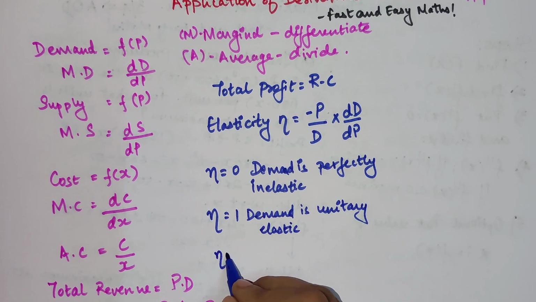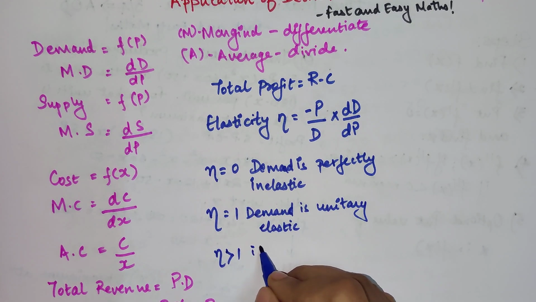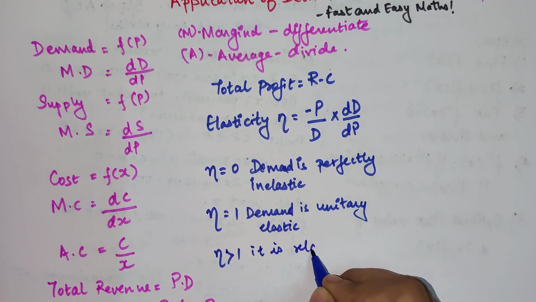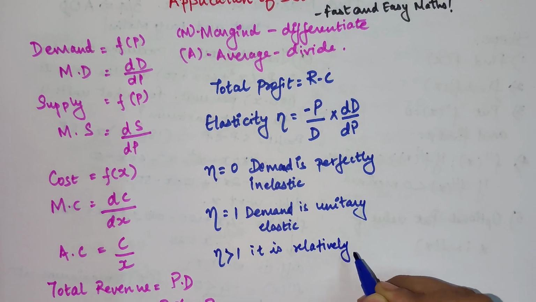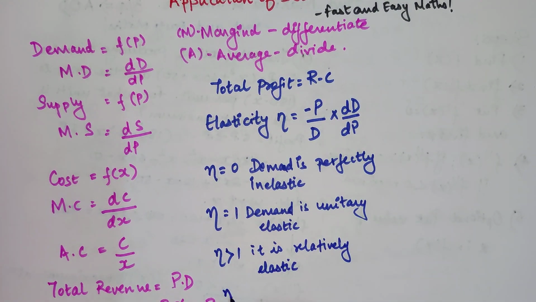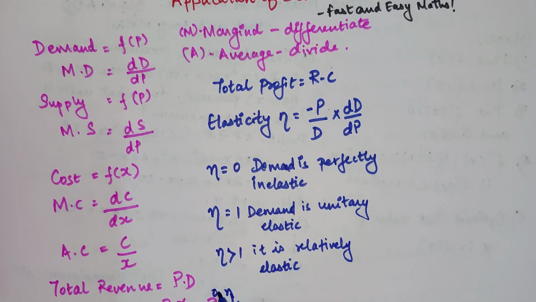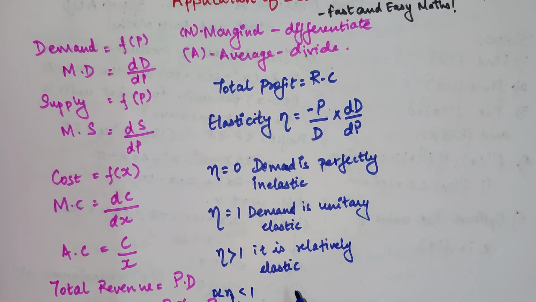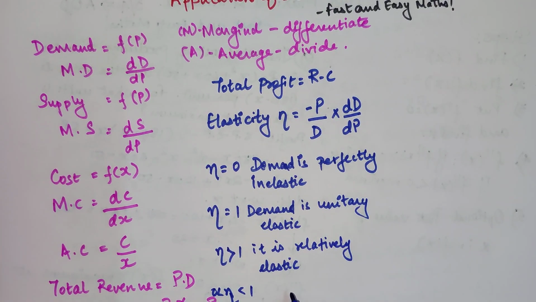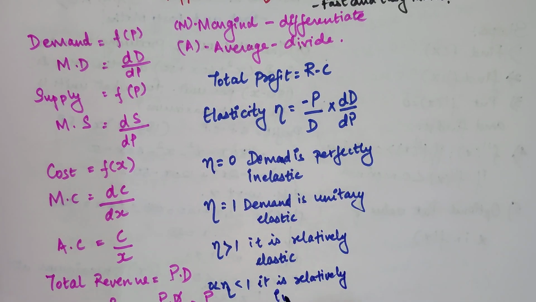If nu is greater than 1, then we say it is relatively elastic. And last but not the least, if nu is lying between 0 and 1, then we can say that it is relatively inelastic.